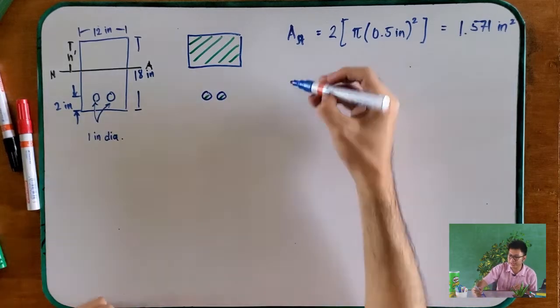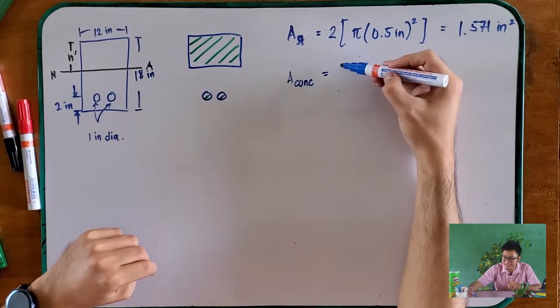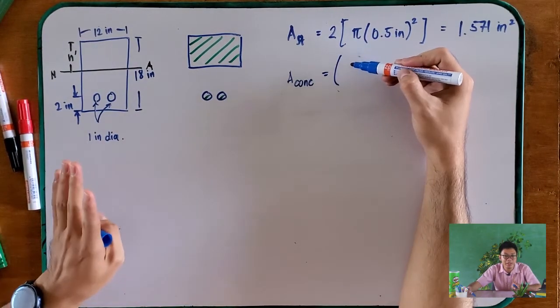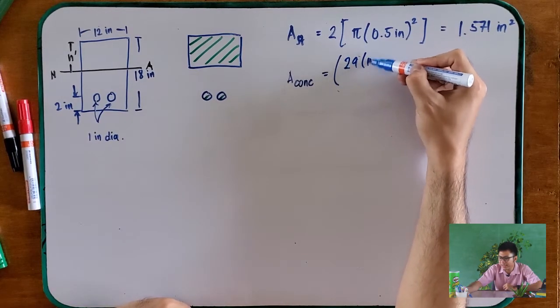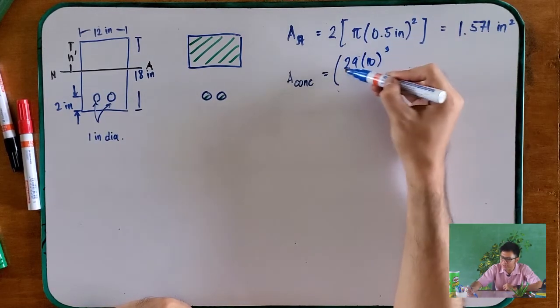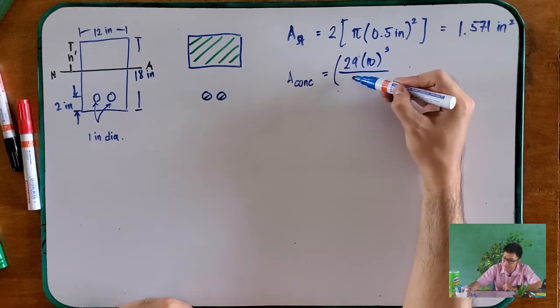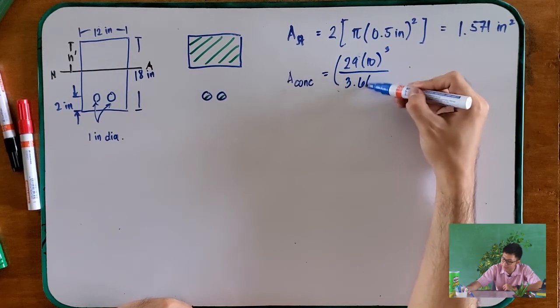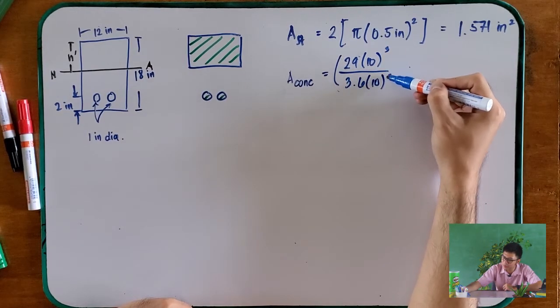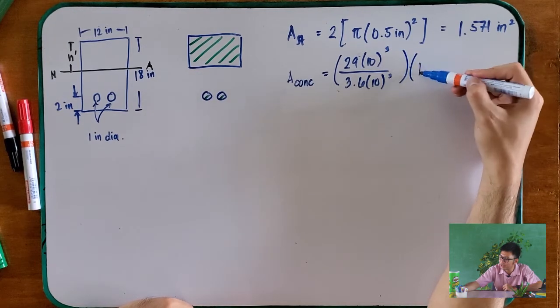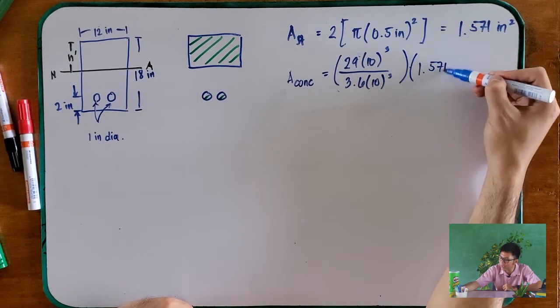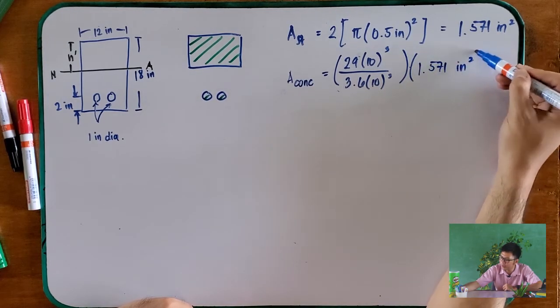To get the area of concrete, n is E steel over E concrete. So therefore, 29 times 10 to the power of 3 divided by 3.6 times 10 to the power of 3, multiplied by the area of steel, which is 1.571 inches squared.